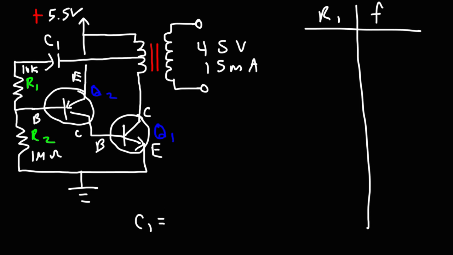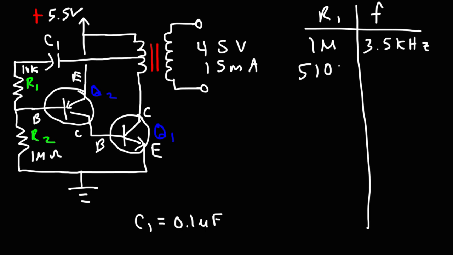This is when the capacitance is at 0.1 microfarads. When R1 was set to 1 mega ohm, the frequency was about 3.5 kilohertz. Now the oscillator wasn't stable. It was fluctuating around 3.5 kilohertz.